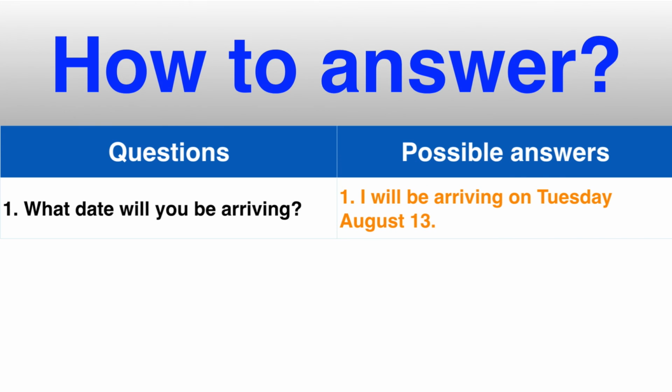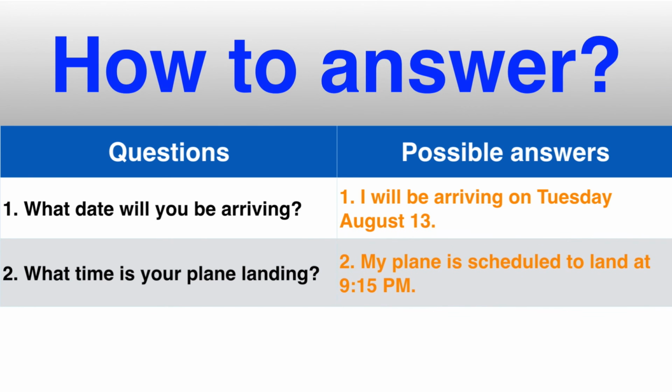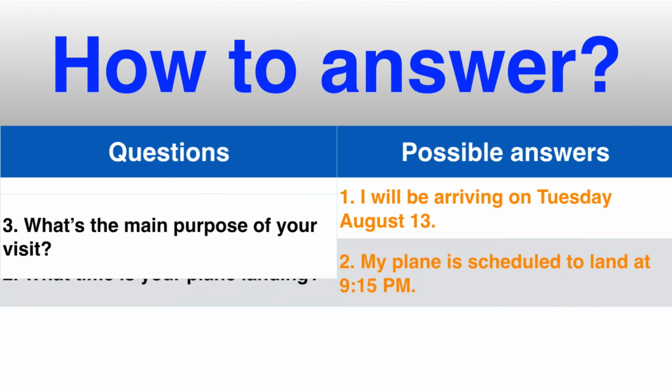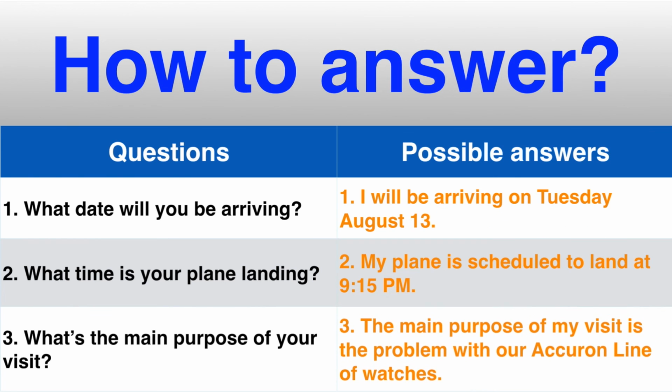I will be arriving on Tuesday, August the 13th. 2. What time is your plane landing? My plane is scheduled to land at 9:15 p.m. 3. What's the main purpose of your visit? The main purpose of my visit is the problem with our Acheron line of watches.